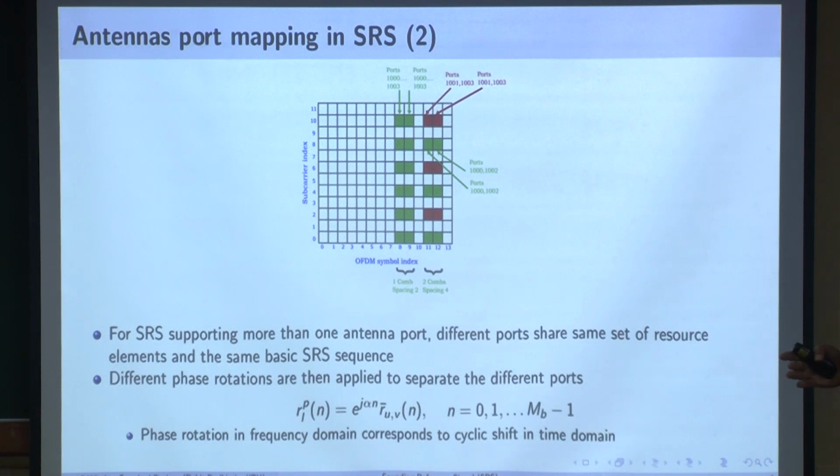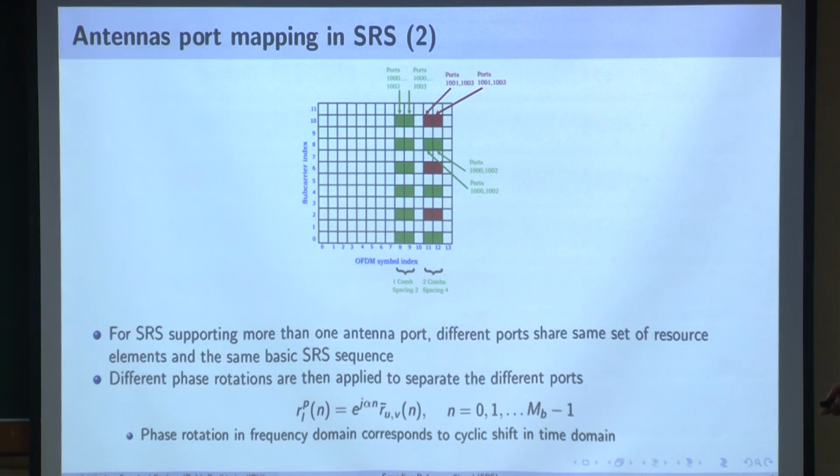And why am I not doing this cyclic shift directly here? Wait for it, I'll give you the answer. The way we understand it, these SRS for different ports are commonly used to estimate the channel in the time domain, not in the frequency domain. That's my understanding.